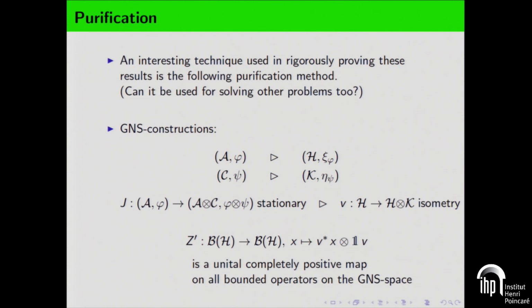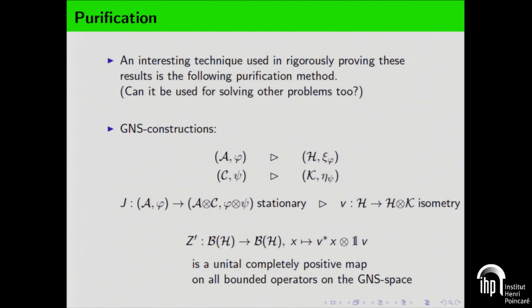Okay, and then we have this transition here, the star homomorphism preserving the states, from A phi to A tensor C, phi tensor psi. From this, you can easily check that on the GNS level, you get an isometry from H to H tensor K.